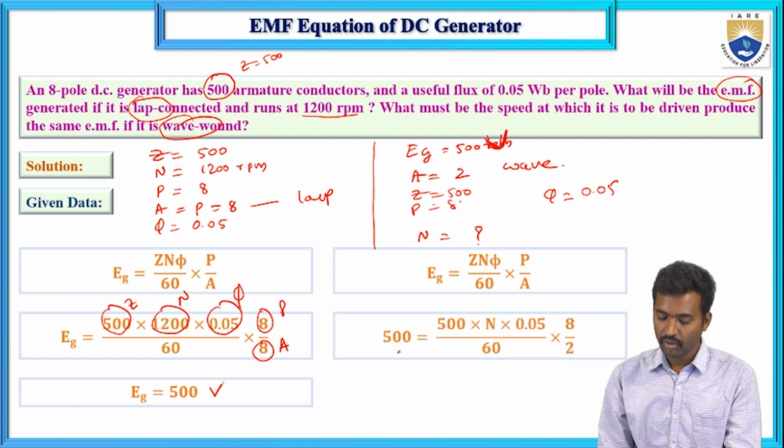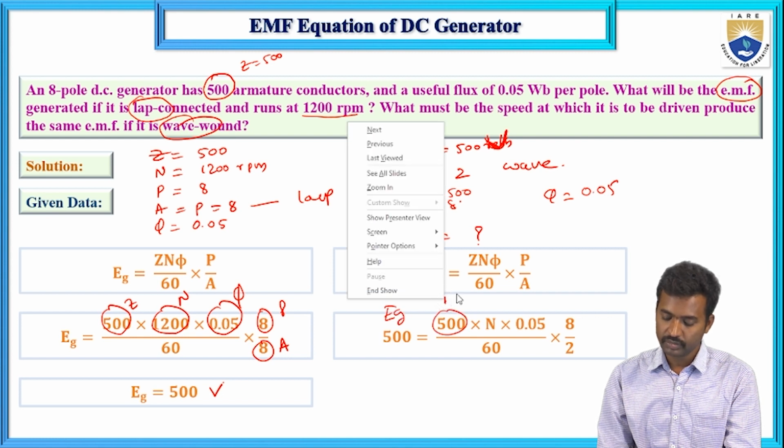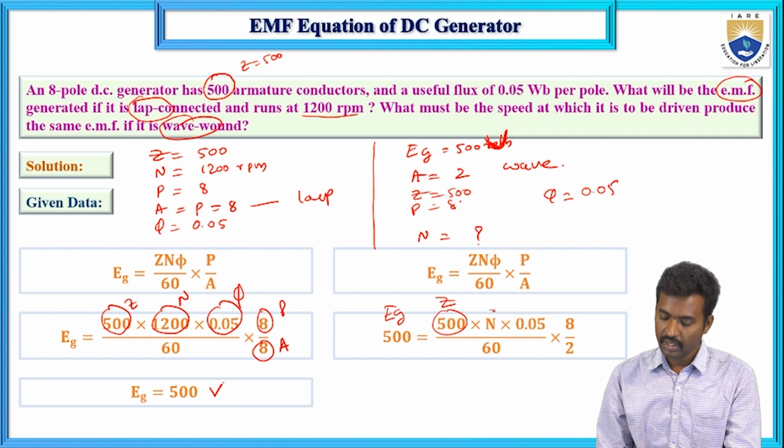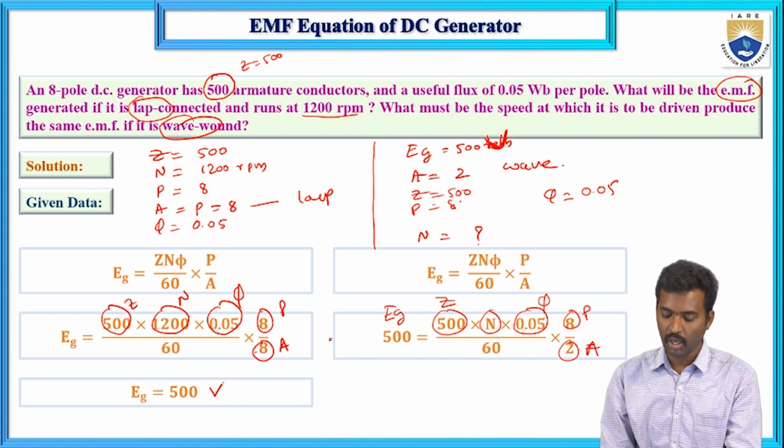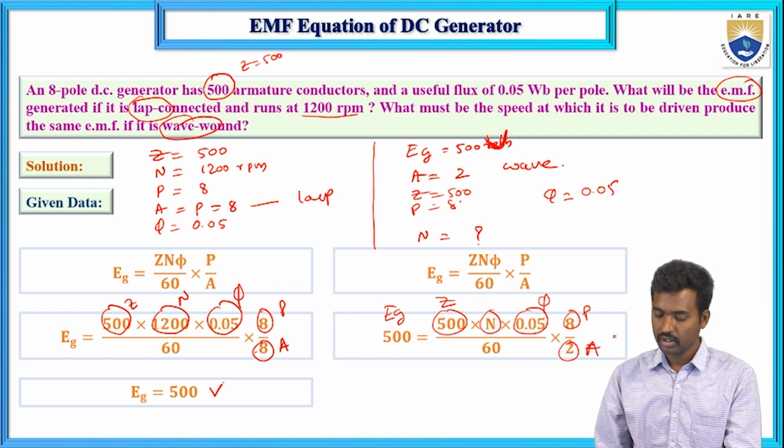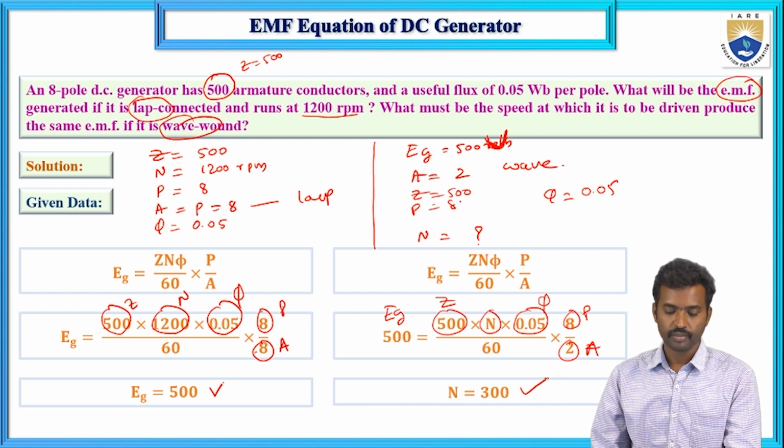Now here 500 is the Eg, 500 is Z, and N is to be calculated, and this is the flux, and this is the 60, and this is the total number of poles, and this is the number of parallel paths. Here A equals P for lap winding and A equals 2 for wave winding. Now if you calculate the speed of the armature, that speed equals 300 RPM.